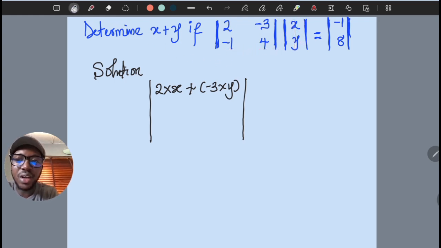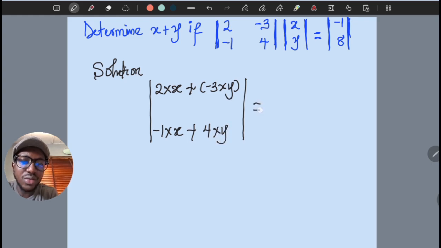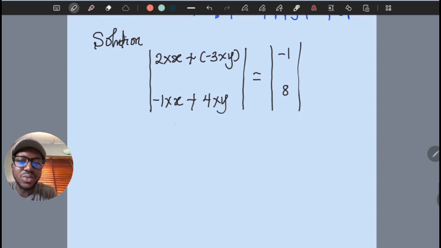So minus 1 is going to multiply x, and 4 is going to be multiplying y. Don't forget from the question, this is equal to minus 1 and 8. All right, so from here now, we can say 2 times x is 2x. Negative 3 times y is going to give us negative 3y. Then negative 1 times x will give us negative x plus 4y.